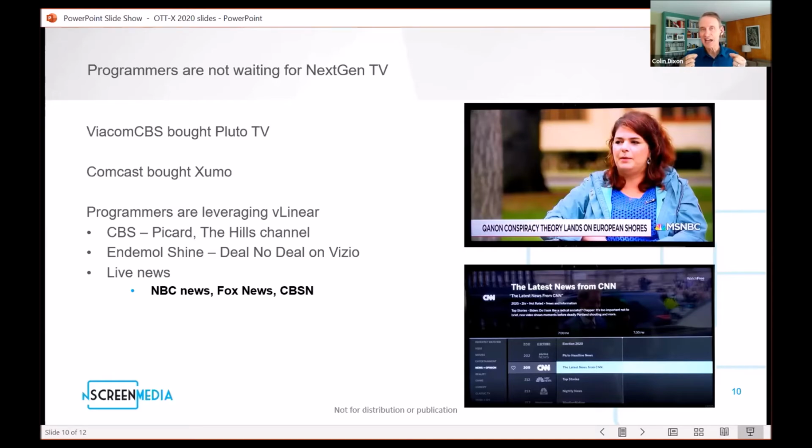So there is now a Deal or No Deal channel on Vizio TVs, which you can watch for free, ad supported. And you just tune it in and just start watching virtual linear. And finally, of course, there's live news with NBC News and Fox, as we saw before.